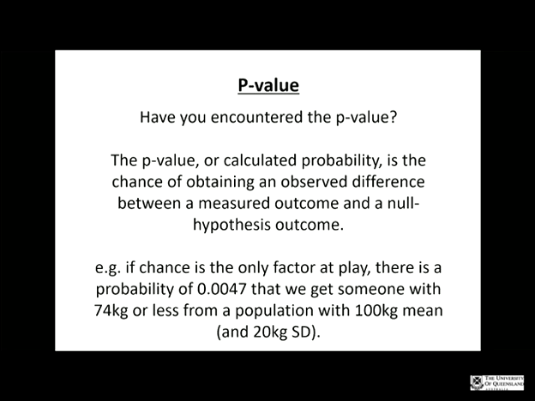E.g., if chance is the only factor at play, there's a probability of 0.0047 that we will get someone with 74 kilos or less from a population with a 100 kilo mean. Okay, that's what we were looking at before. And I hadn't told you the standard deviation was 20. So that's if chance is the only factor at play. Remember we're drawing a sample from a broader population.